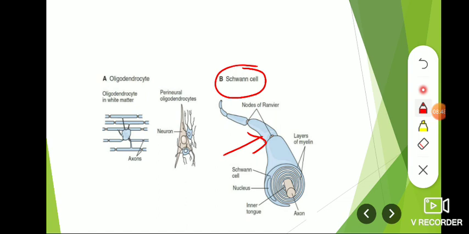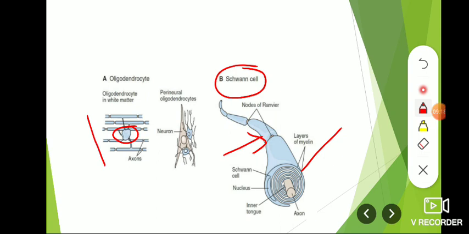So Schwann cells are cells which form the myelin sheath in the peripheral nervous system, and they surround only a single axon, and you can see the layers of myelin sheath are multiple, around 100. On the contrary, oligodendrocytes form the myelin sheath in the brain, that is in the CNS, and you can see a single cell covering 4 or 5 axons.